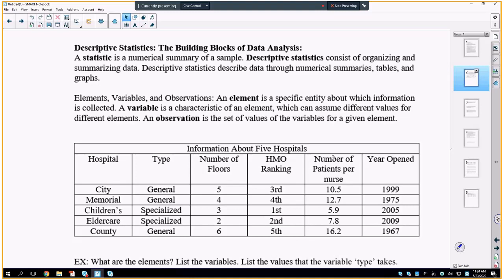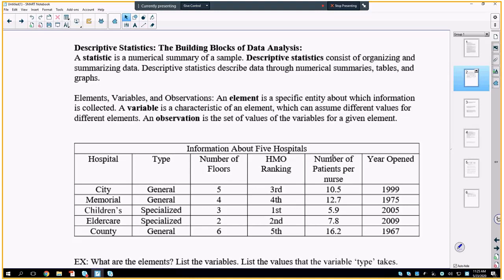Okay, a few more terminology that we're going to want to know are elements, variables, and observations, and be able to distinguish between the three. So an element is a specific entity about which information is collected. So we know that we're looking at a population or a sample. Any one specific object in that population or sample is called an element.